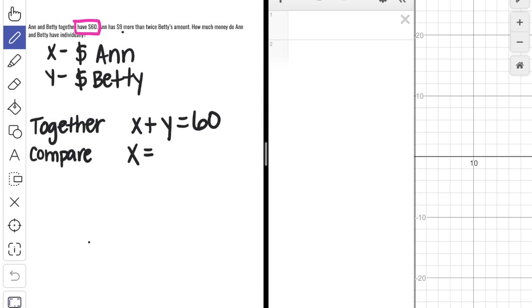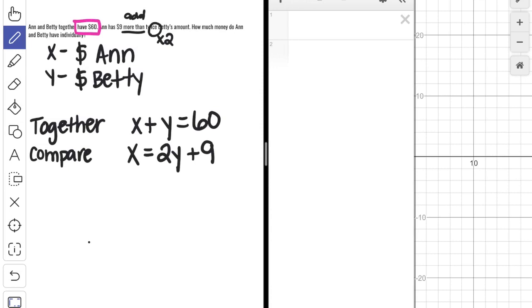So more than means we're going to add, and twice means we're going to multiply by 2. So Betty is Y, so twice of Betty, 2Y, plus 9 more, so plus 9. So Ann is equal to twice of Betty plus 9.